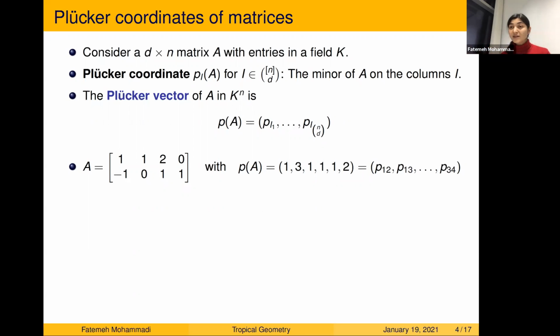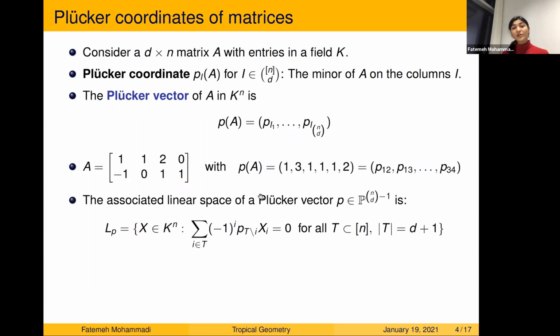That's an easy exercise in linear algebra: given such a Plūcker vector, you can cook up its corresponding linear space. To go to the linear space, I should be able to write a bunch of linear equations that generate my linear space. It turns out that you take these Plūcker coordinates and every d plus 1 subset of 1 to n, and for every such subset, you write one equation.